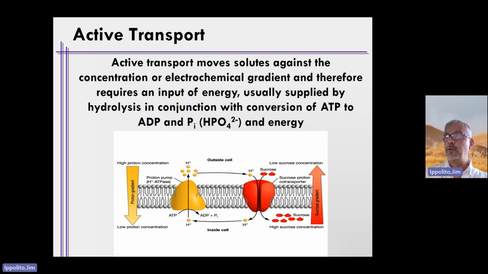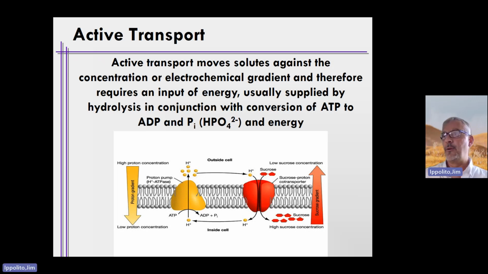And it also typically requires hydrolysis or the splitting of water into hydrogen and hydroxide in conjunction with conversion from adenosine triphosphate, an energy molecule, to ADP and the release of phosphate and energy.